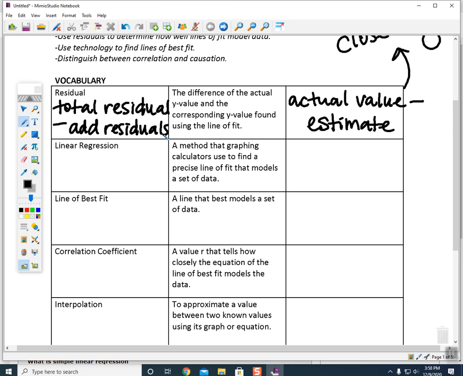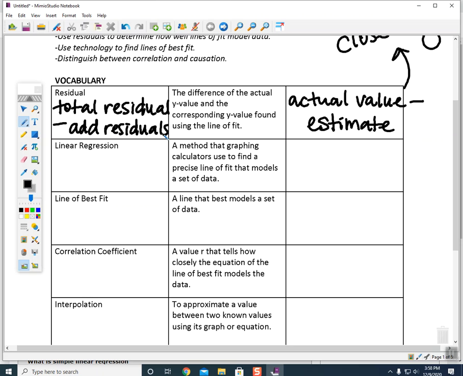So up until this point, we've been figuring out lines on our own. We've been calculating lines, we've been writing equations for lines by ourselves. So the next term is linear regression. Linear regression is a method that graphing calculators use to find a precise line of fit that models a set of data.